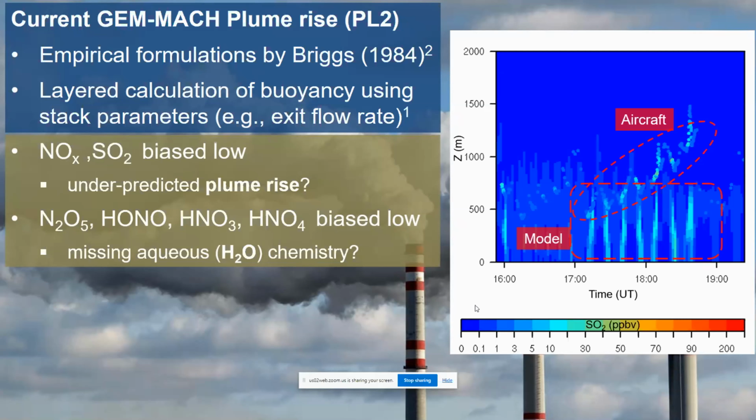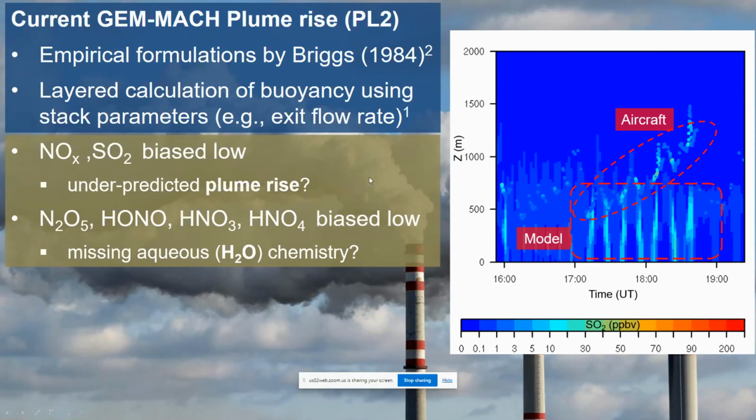And as you can see, there's some overlap between the model predictions and the aircraft observations, but also there are some discrepancies, especially after 18 UT, which is the local noon, in terms of predicted plume height.